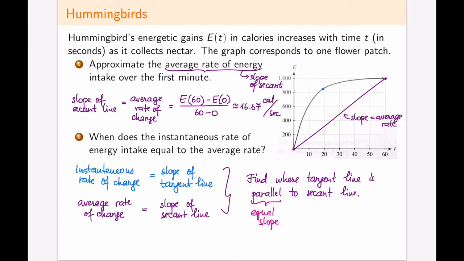Now, notice that because I am sketching this by hand and I don't have a precise formula for the graph, this, of course, is simply an approximation. But this tangent line, and therefore the instantaneous rate of change, is approximately parallel to the average rate of change here.